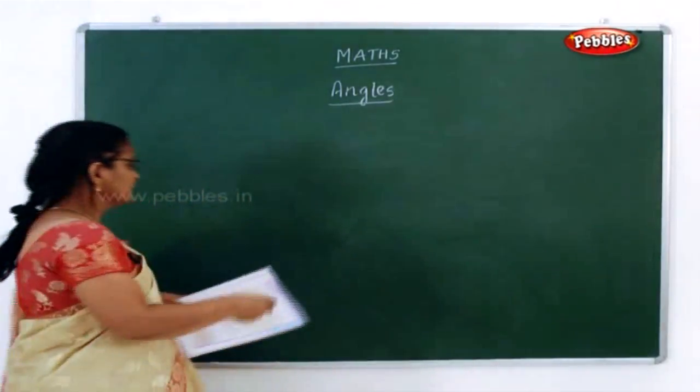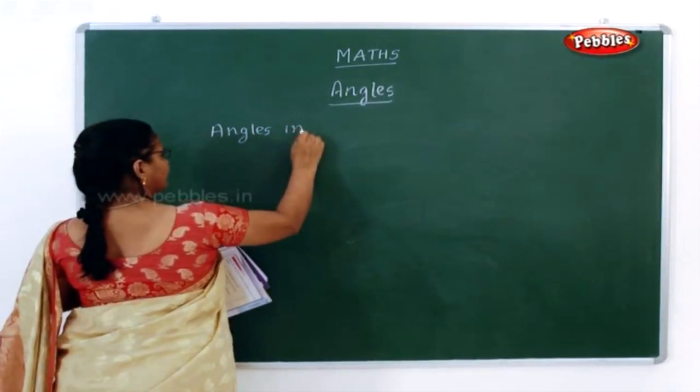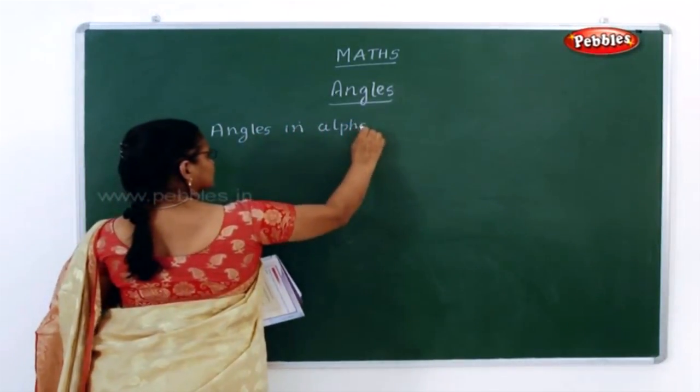See, the next one is the angles in alphabets. You are asked to find out angles in alphabets.